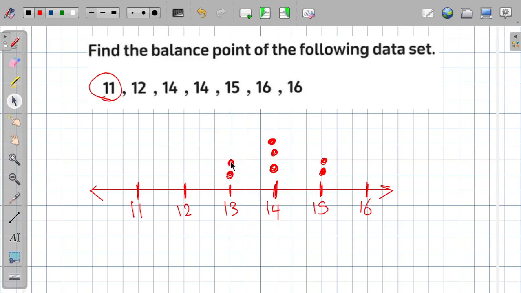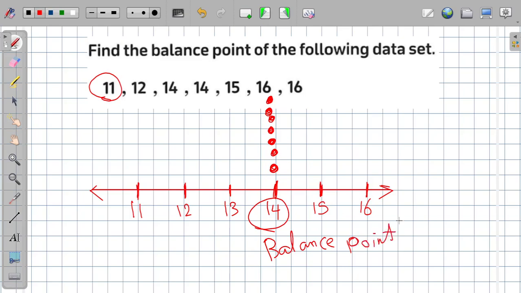Next, I will move this point to 14, this point to 14, this point to 14, and this point to 14. Okay, so all dots right now is above 14, so I can say that 14 is the balance point of the data set.